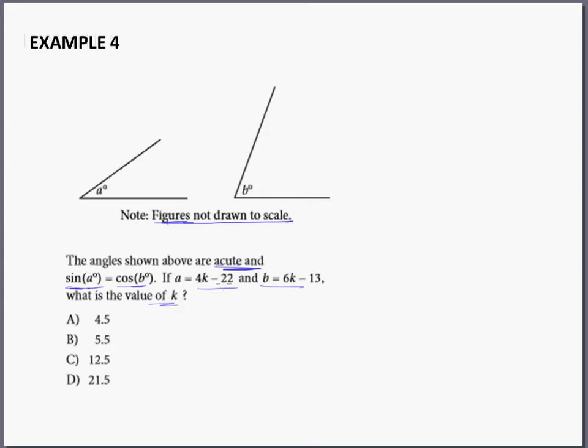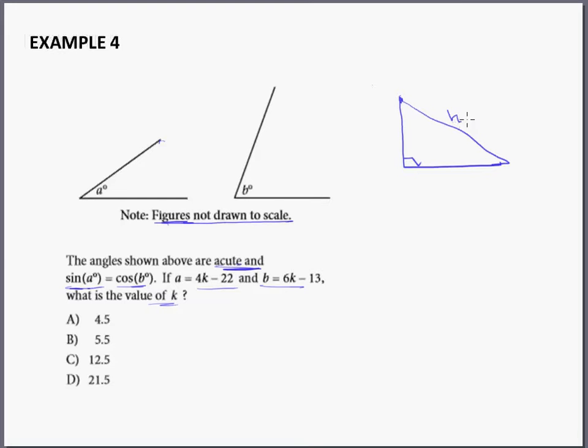All right. So if sine A, let's draw a right angle triangle so that you can see. So this is 90 degrees.